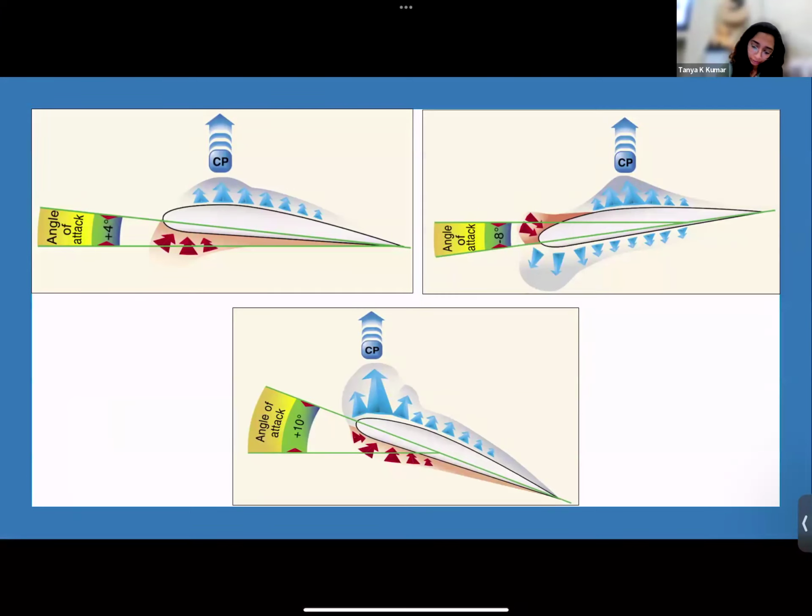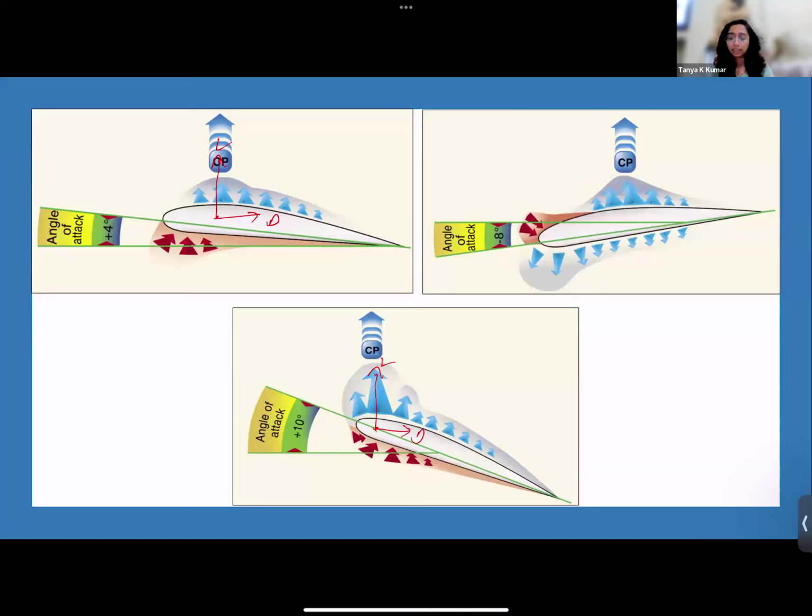So the center of pressure is somewhere here, and that is where your lift and drag act. Now, when I increase the angle of attack, the pressure distribution changes such that the effective center of pressure moves a little towards the leading edge. So now your lift and drag act at this point.